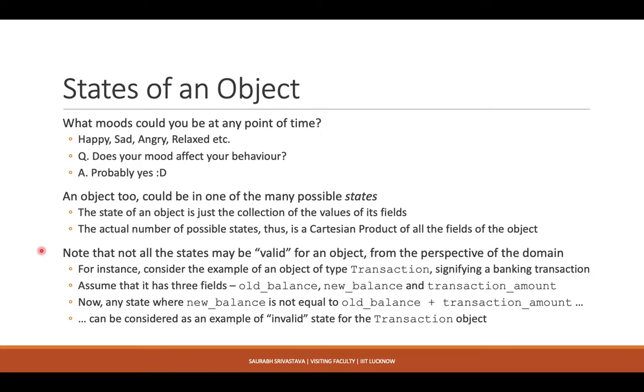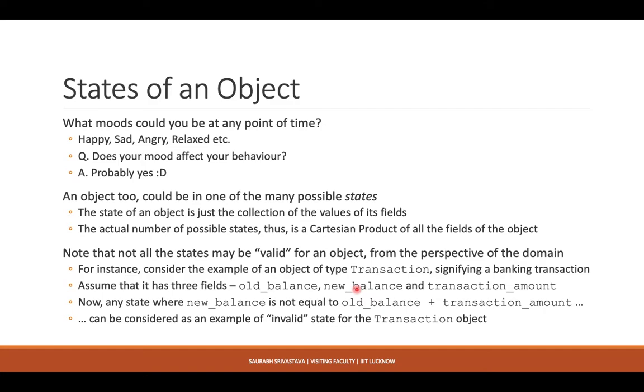But usually this is the case that not all the states may be valid. Why? Because within the domain in which you are actually building your application, there may be certain restrictions, there may be certain constraints. So for example, if we talk about banks, let us say you have an object of type transaction.